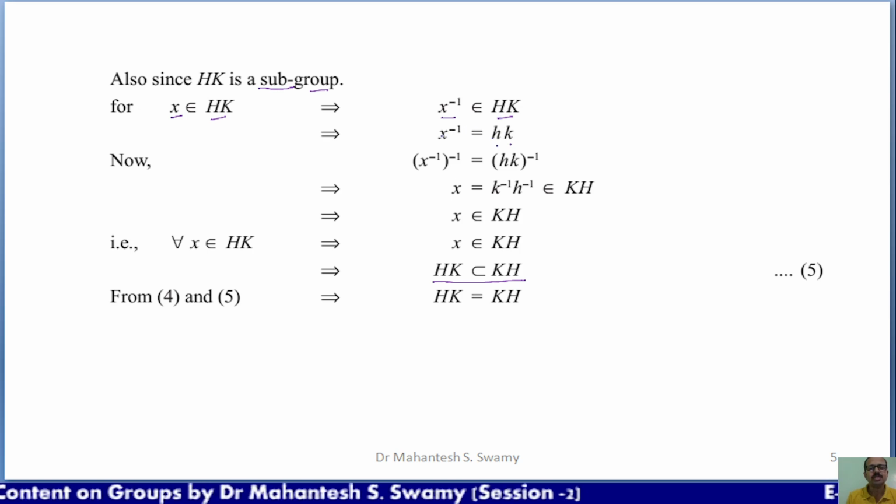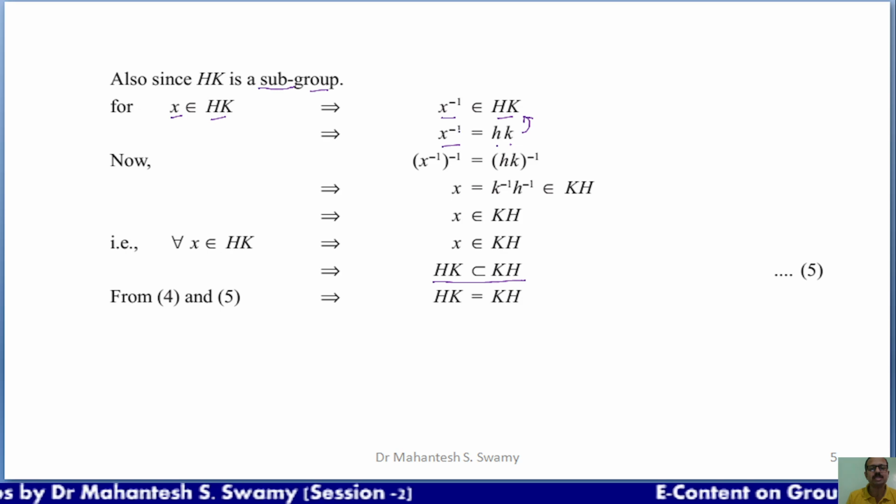When x inverse belongs to HK, x inverse must be of the form hk. See, x inverse is an element of capital H, capital K. In capital H, capital K, what type of elements are there? Small h into small k type of elements are there, where small h belongs to the first set, capital H, and small k belongs to the second set, capital K. So therefore, this x inverse must be of this kind. Now you take the inverse of this x inverse. So x inverse whole inverse equals the inverse of the right hand side.